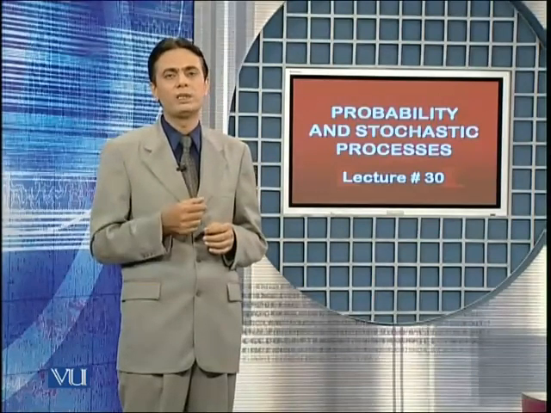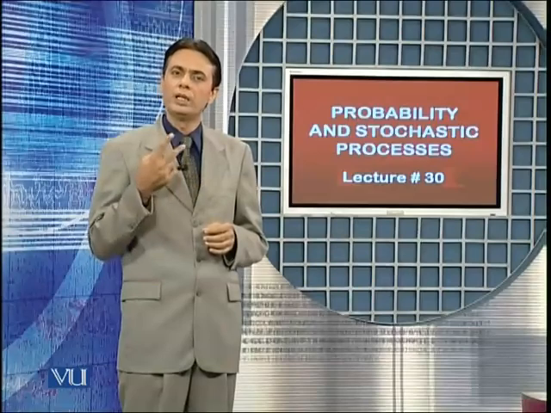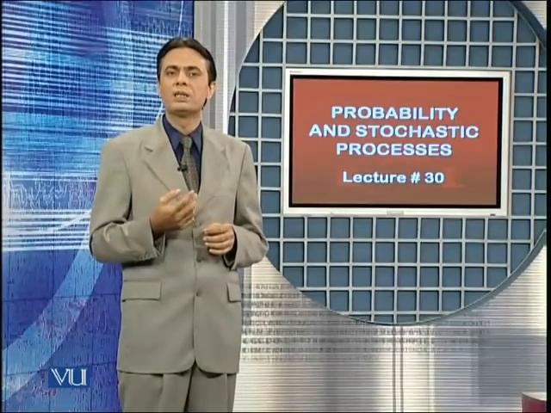So let's start with the sum of two independent random variables and its PDF. The two underlying random variables could be x and y, or they could be x1 and x2, or they could be from a collection x, x1, x2, x3, xn, where all of these are independent and identically distributed.